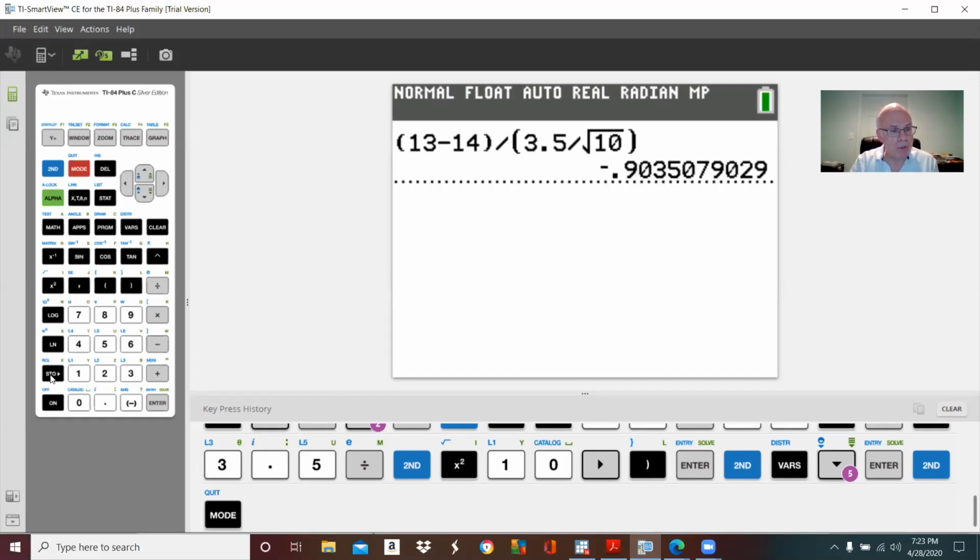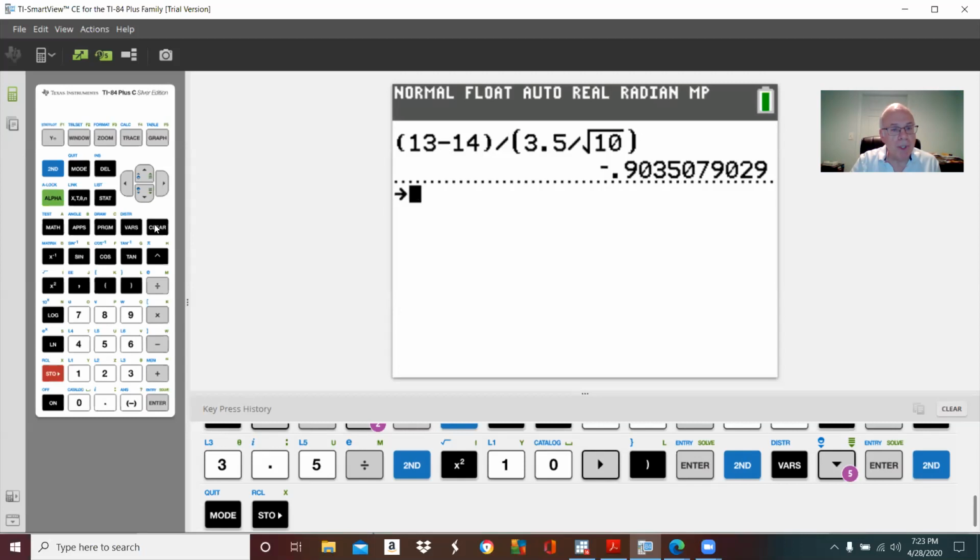So if you hit this store button right here, STO, it looks like it doesn't recognize the negative 0.9035 anymore. You usually have ANS here showing that it's taking this number, but it doesn't have ANS here.